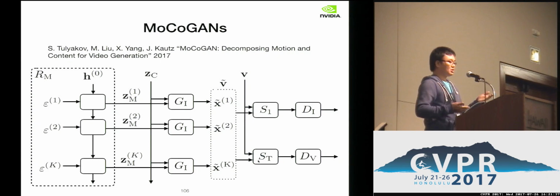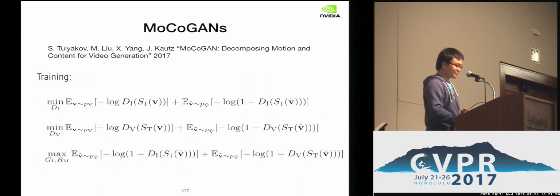We also want to measure whether the sequence is a real video, so we randomly sample T consecutive frames from this sequence and try to see if this is a real video. Through this simple architecture, we are able to do motion and content separation for video generation.